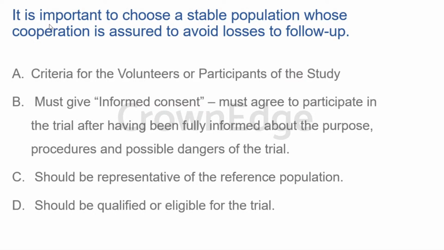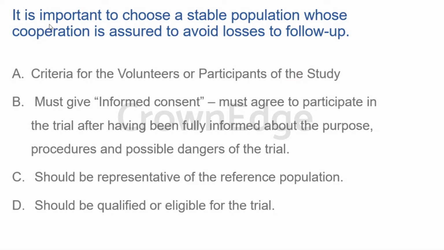Then you have a declaration from the participant that they voluntarily participate in your study and they are free to withdraw from the study without any force whenever they want. The consent form has to have the signature and the name of the person.